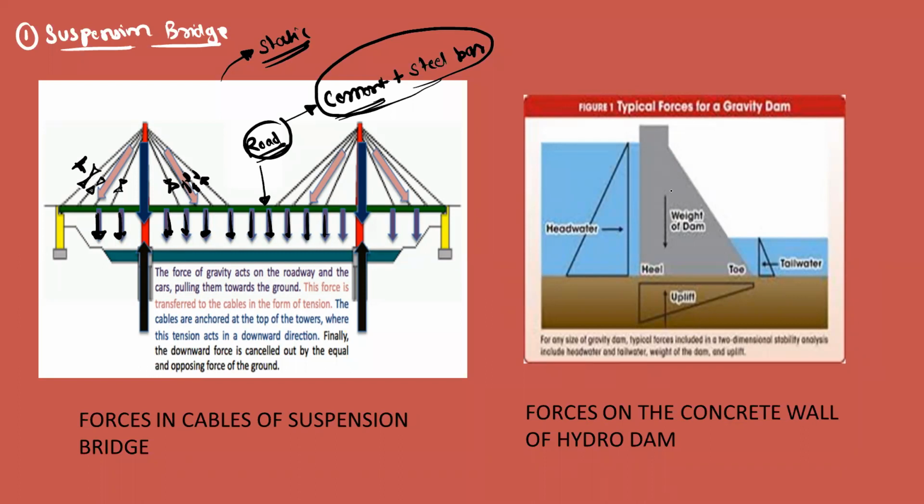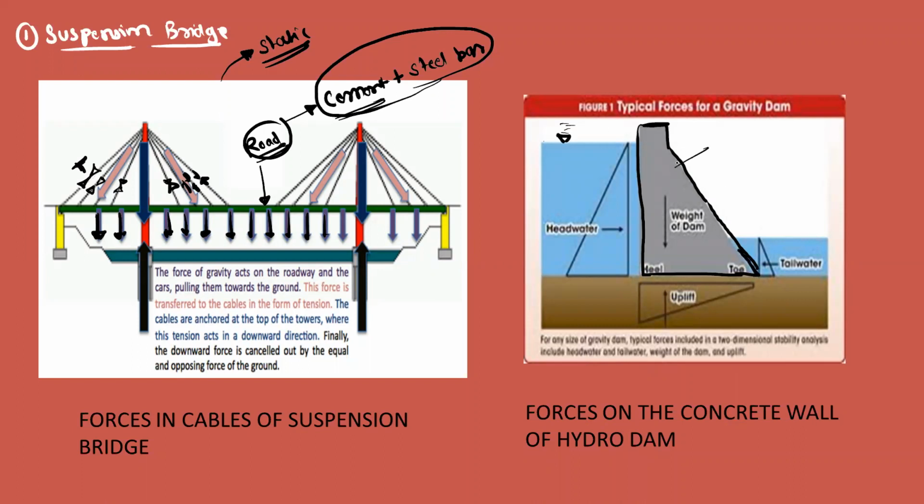The second example is the water dam. Okay, so here you can observe. So this is the wall of the dam. And this is the backwater. Okay. So this backwater will create pressure on this structure.